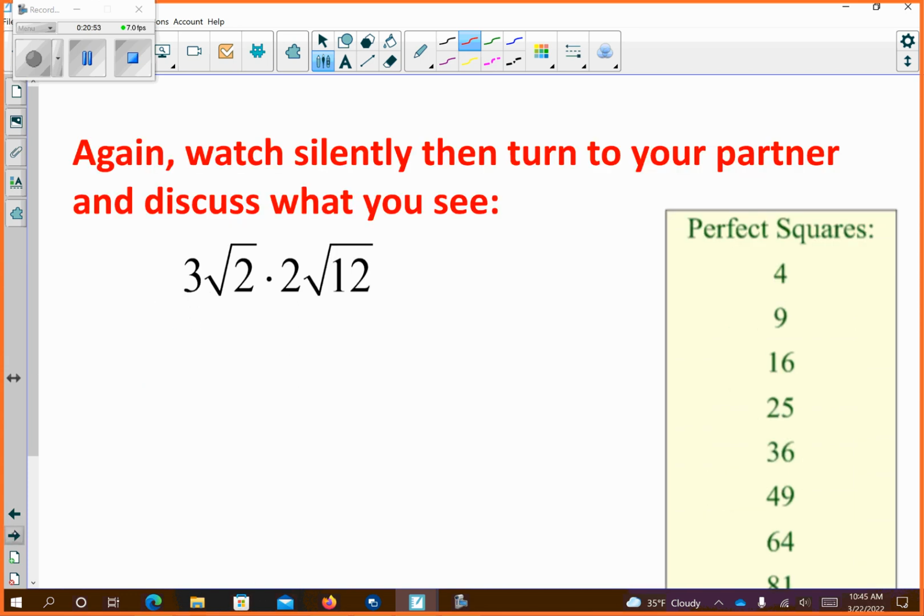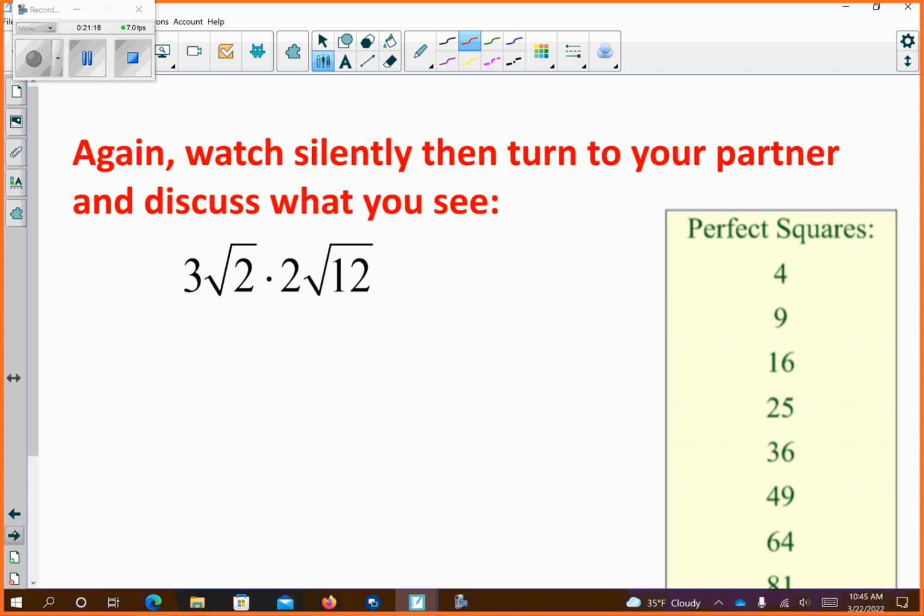Okay. Now, take a pause. This has multiple things taking place. Agreed? I don't just have root something. Agreed? Okay. So, does everyone agree that this 3 and this 2 are both outside the radical?